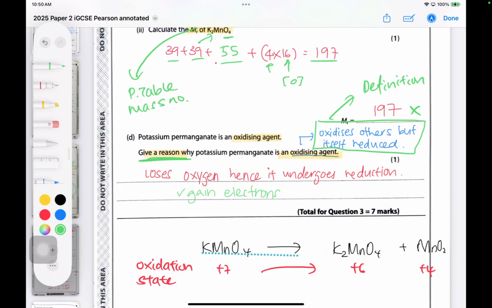Okay, so understanding that an oxidizing agent oxidizes others but itself gets reduced at the end of the day. Now, what is reduction? So if you can pause and ask yourself, what is reduction? Reduction is actually loss of oxygen or gain of electron. Okay, so you're going to use the information above.